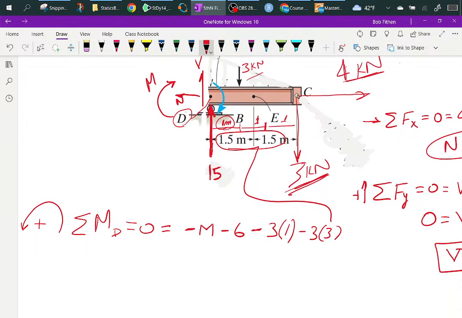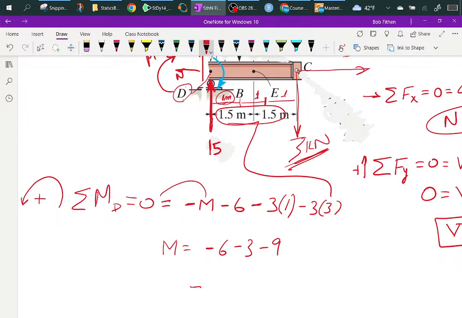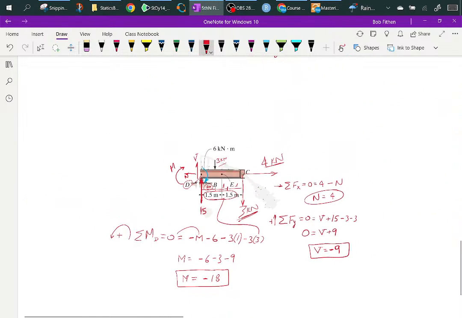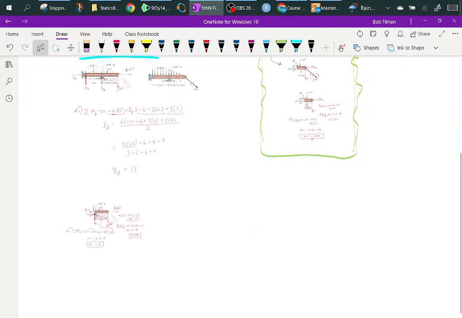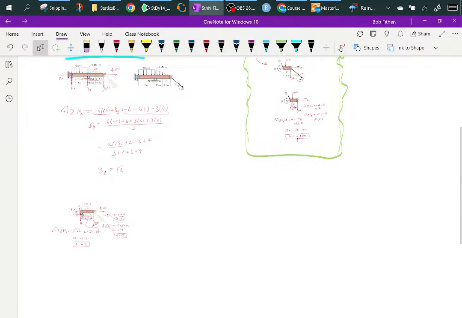So I move this over, and the moment is equal to minus 6, minus 3, minus 9. Let's see, that's 18? So there's your moment there. So that's pretty much it.